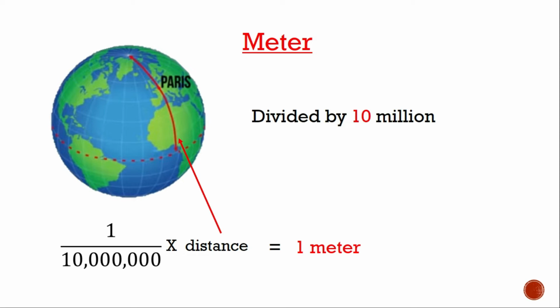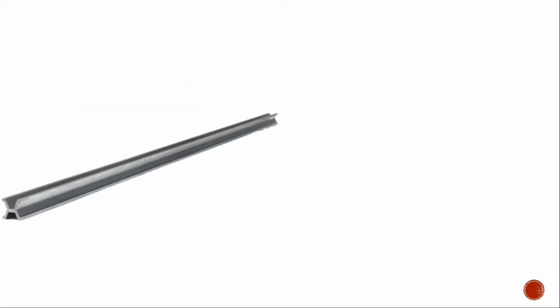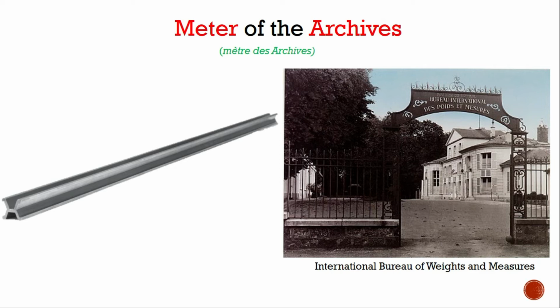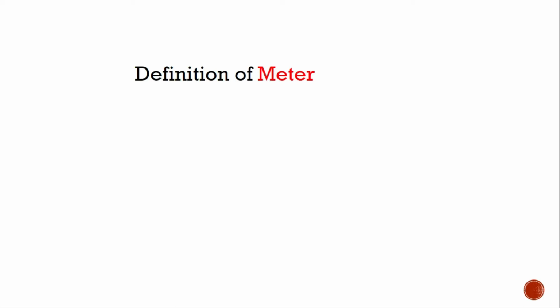Then they took a platinum rod of this same length and kept it at the Bureau of Weights and Measures in France and named it the meter of the Archives, whose replicas we still use all around the world for measuring length. Now, do understand that the definition of meter has changed throughout our history.